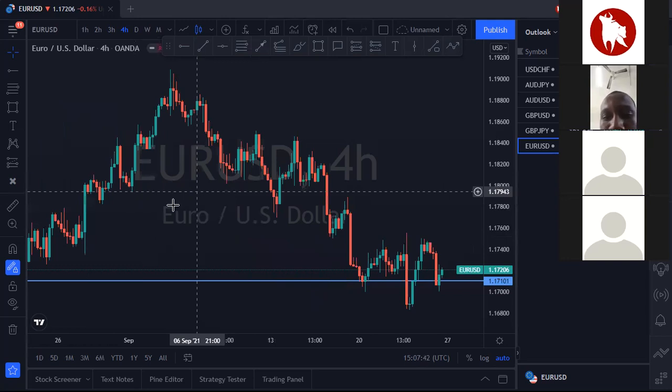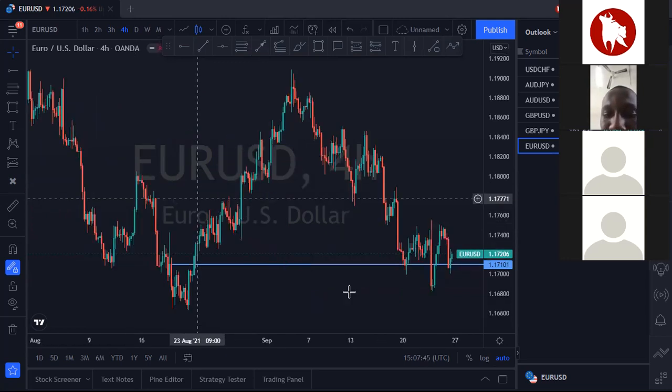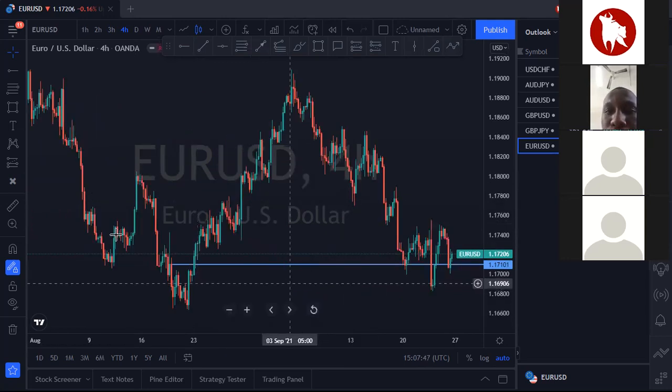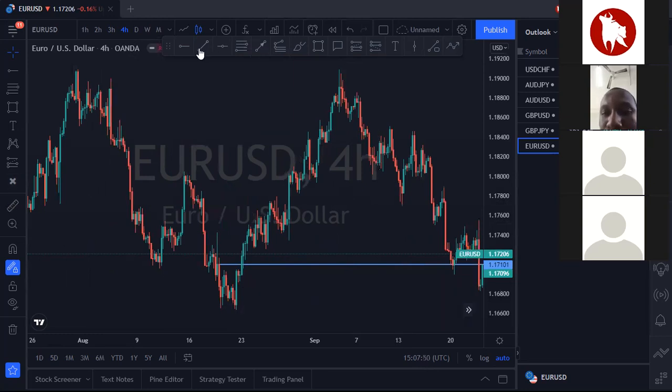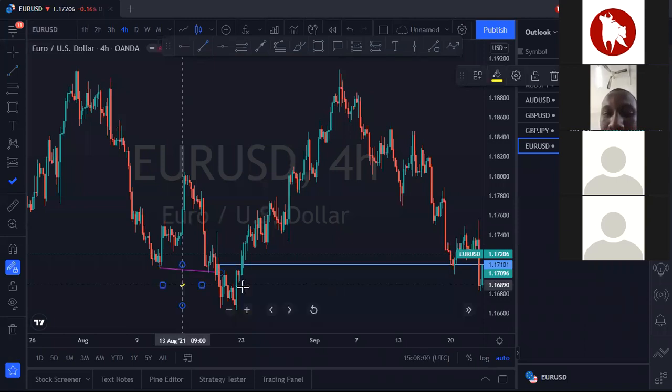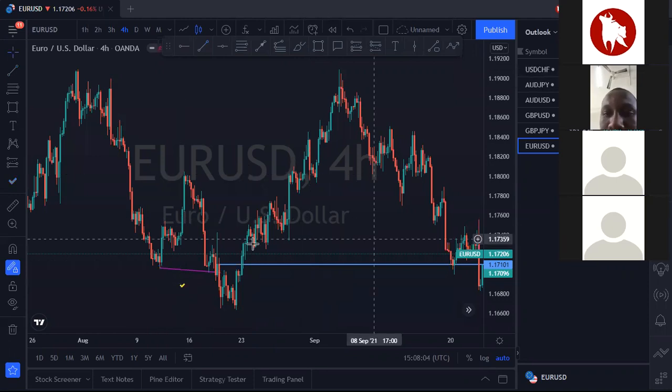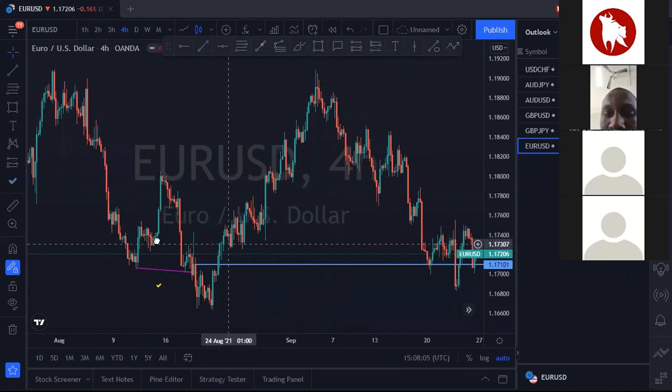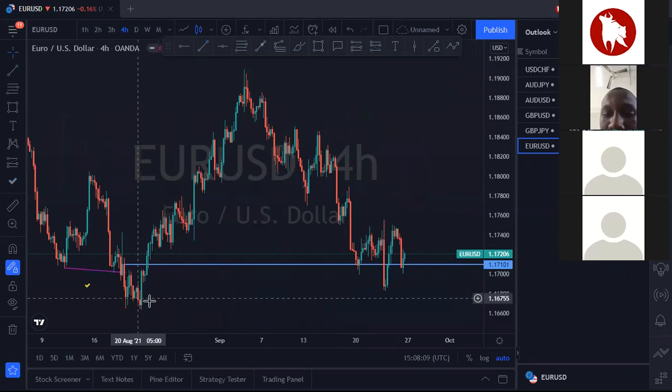So as we can see on the daily, previously this is what happened here. Liquidity was taken out in here, and then price moved up to break structure to the upside, and moved back into this area.